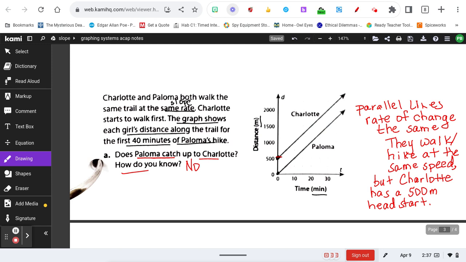That's just like if Javon and Ethan are racing, and Javon gives Ethan a 20 feet head start, but they run at the same pace. That means Javon, you'll never catch up with him because you gave him a 20 feet head start, but y'all run at the same pace. So you're never going to catch him. Same thing is going on right here. This is the why.